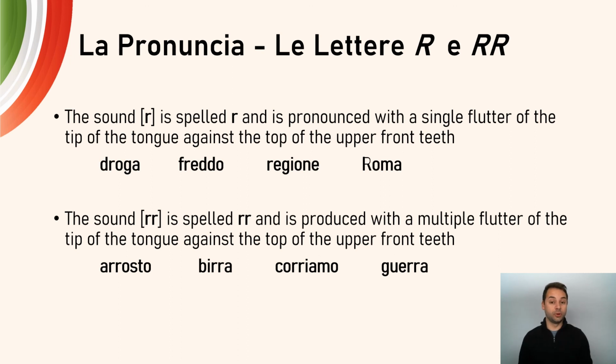But that double R, that's where we have to go ahead and have the multiple flutter, where that tip of the tongue is against the top of those upper front teeth. Arrosto, birra, corriamo, guerra. Go ahead and give it a shot one more time. Arrosto, birra, corriamo, guerra.